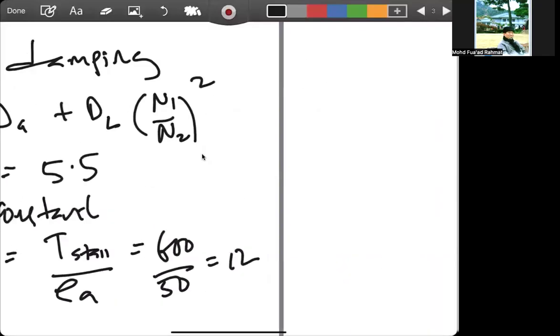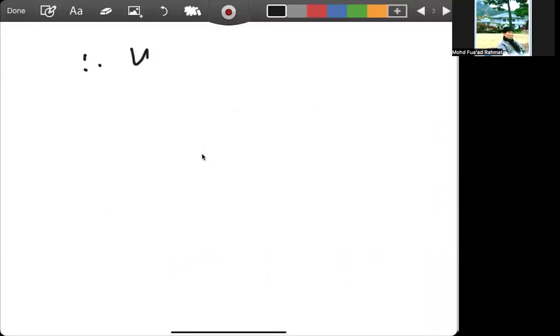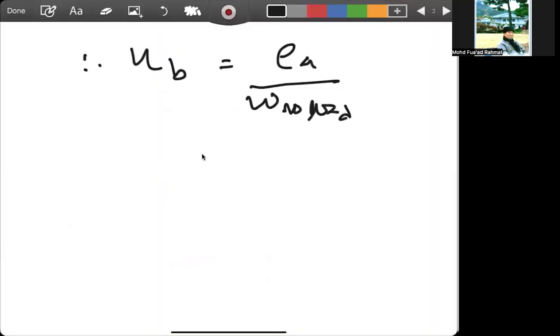So that's why KB is equal to EA over omega no load, 50 over 40, 1.25.